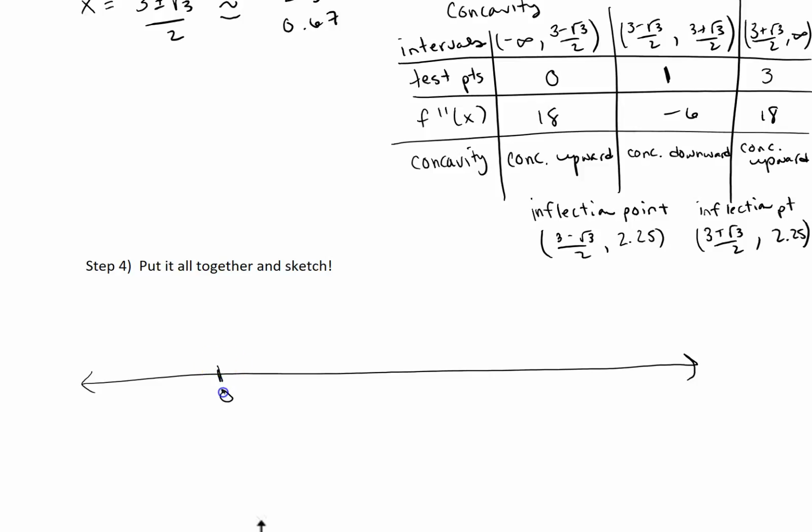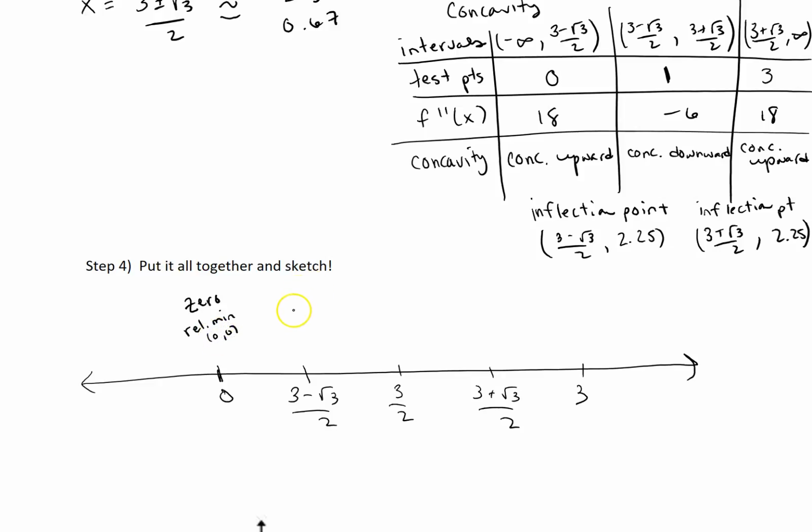So we know we found 0, 3 minus the square root of 3 over 2. 3 halves would come next. 3 plus the square root of 3 over 2. And 3. Okay, we know that 0 is both a 0 or x-intercept and a relative min at 0, 0.